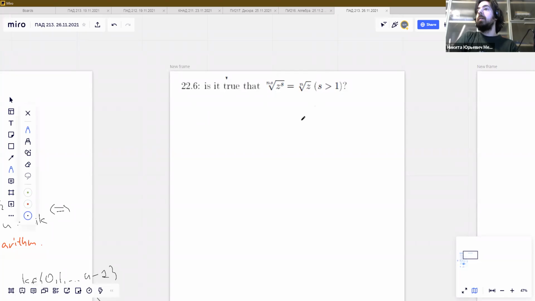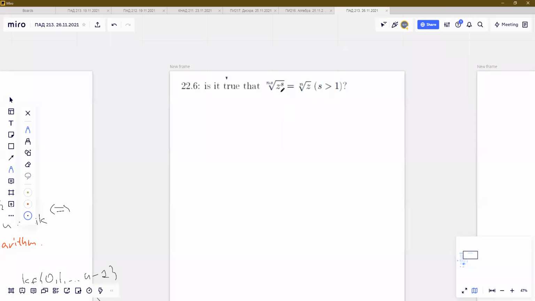So any ideas about this? It doesn't, I think, because in cosine we will get divided by ns, and here it gets multiplied by s, so it is multiplied by s, then divided by ns. Is it possible to divide s by ns?